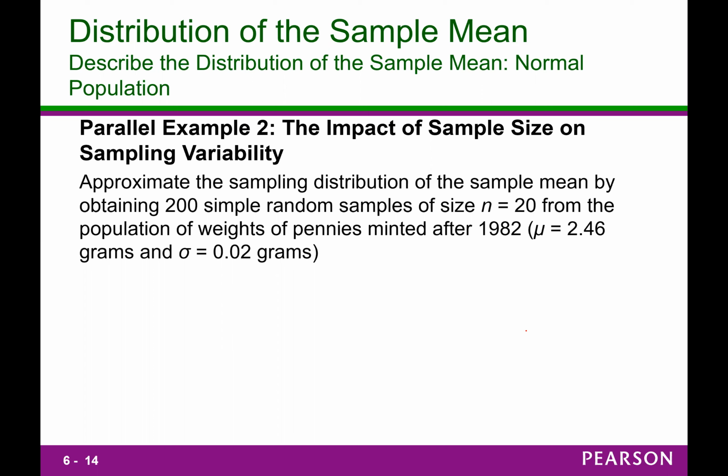Then in this case, instead of 5, my sample size will be 20. And we are going to obtain 200 samples of size 20 from the same population. The mean is 2.46 and the standard deviation is 0.02 grams.